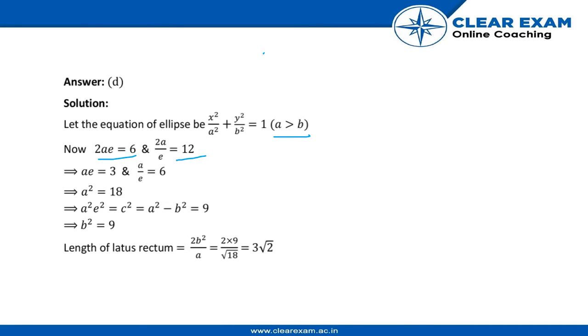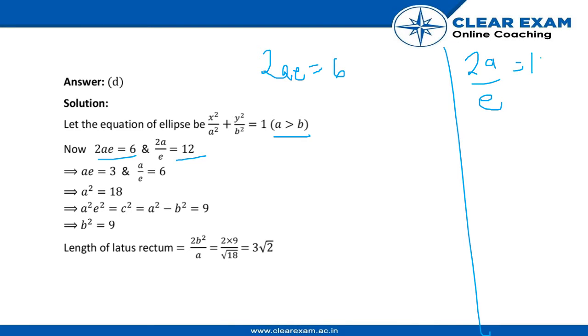So 2ae is 6 and 2a by e is given out to be 12. So ae is 3 and a by e is 6. Mark this as equation 1 and mark this as equation 2.